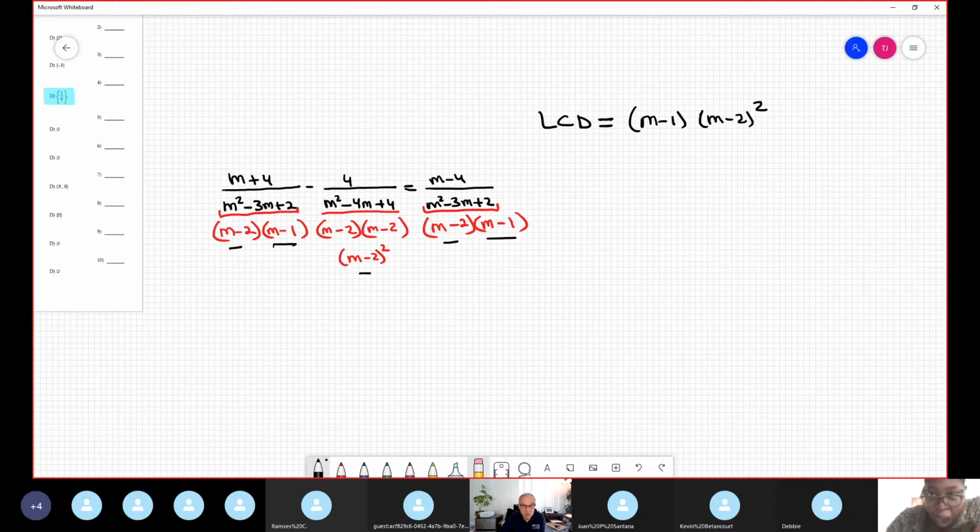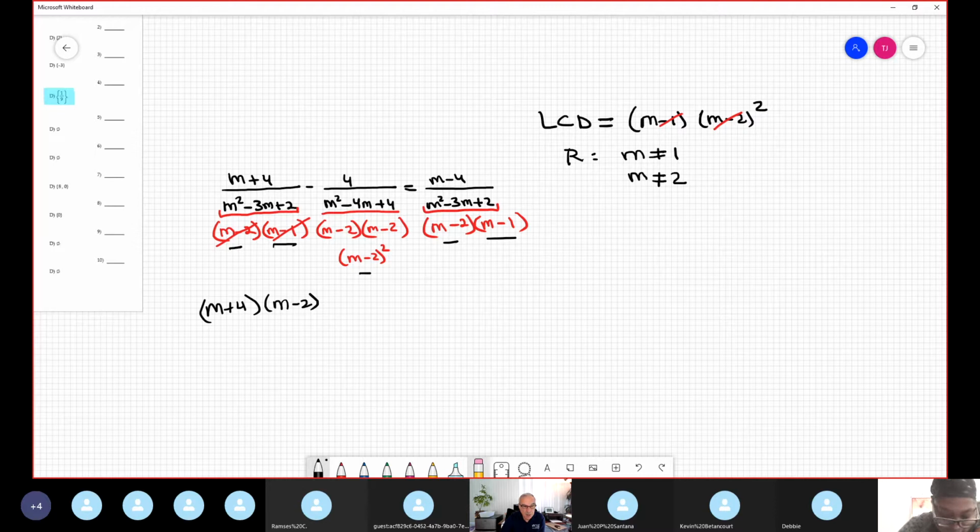Now, the restrictions associated with the problem are m not equal to 1 and m not equal to 2. And now multiplication: everything by the LCD. Who is cancelled out? For example, in the first term, one m minus 2 is cancelled, and m minus 1 is cancelled totally. What stays is m plus 4 times m minus 2, because we have 2 and we cancel out only 1.